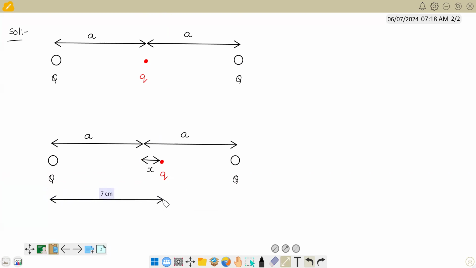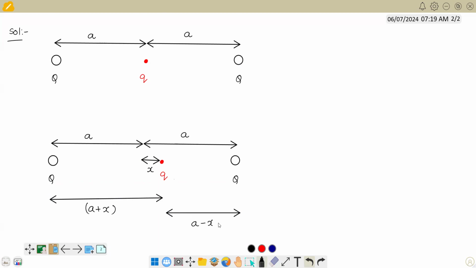Now the new length, originally the length was a, since I moved slightly by x, it would become a plus x, the distance between this capital Q and small q. The distance between this other capital Q and this small q, originally it was a, I have slightly moved by x to the right, so this length would become a minus x.